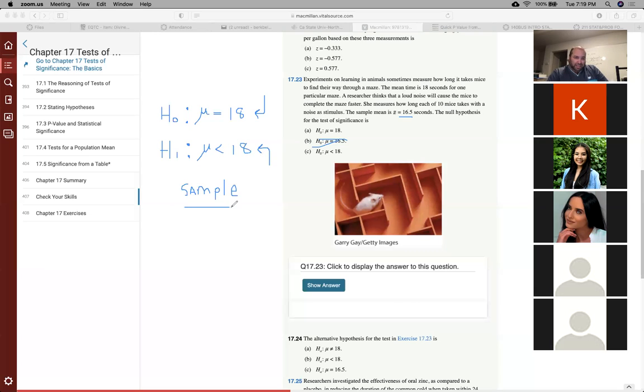I take my sample. I get a sample mean of 16.5. Did that tell me to reject the null hypothesis? Did it go down? Well, my sample certainly did, but it's just a sample. Maybe your sample went up.